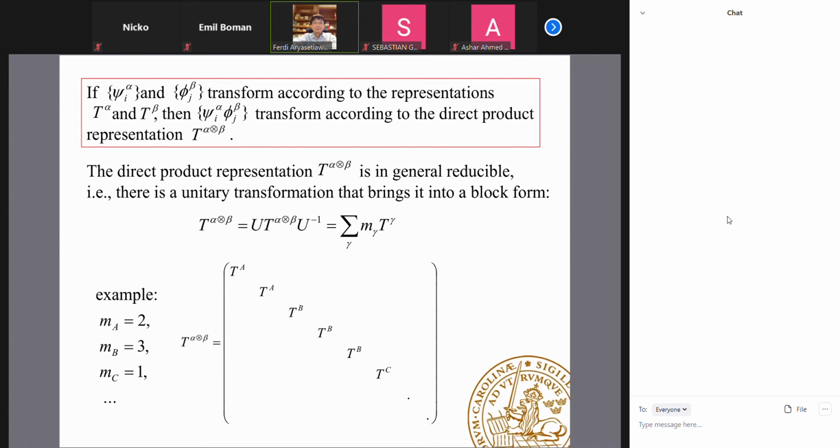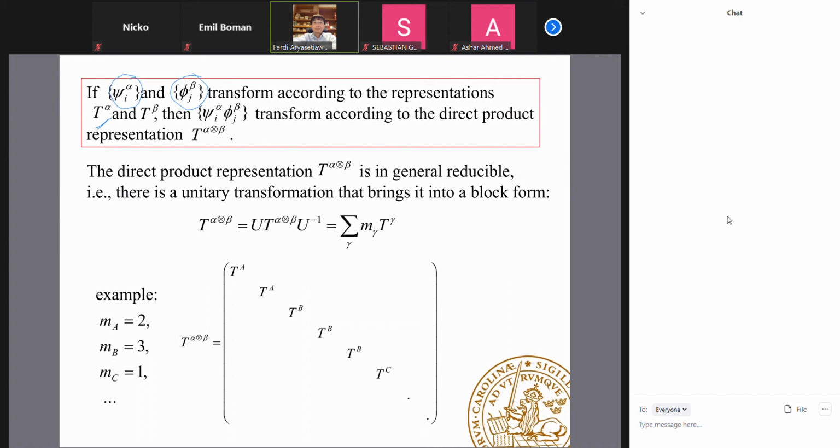So if psi alpha I transforms, a set of psi alpha I transform according to representation T alpha, and another set of functions, I call it phi beta j. So the other set of functions can be completely different from the first one. So again, I would like to emphasize that the important point is how the functions transform, not the form of the functions themselves.